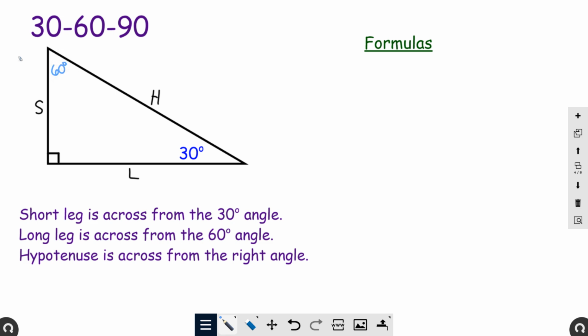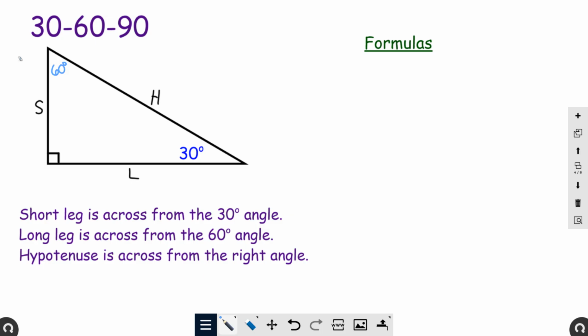And down here it tells you our different legs, because if they have different angle measurements, they're not going to be the same width for those legs like the last problems that we did. So the short leg is always across from the 30 degree angle, the long leg is always across from the 60, and the hypotenuse is always across from the right angle.